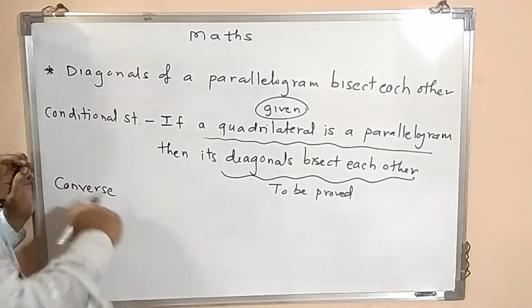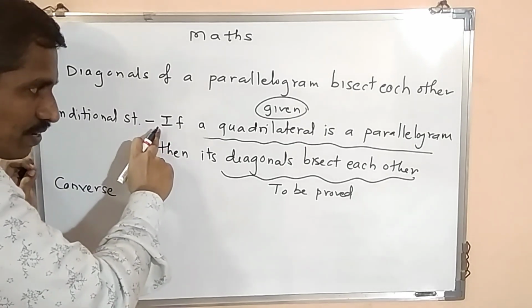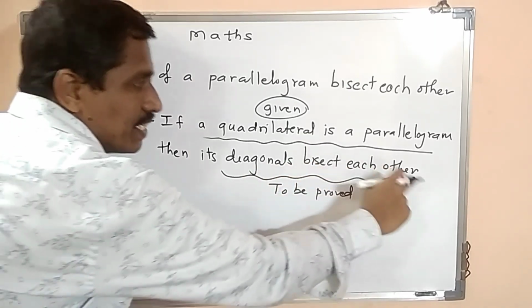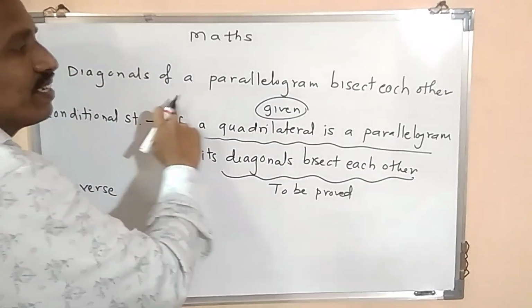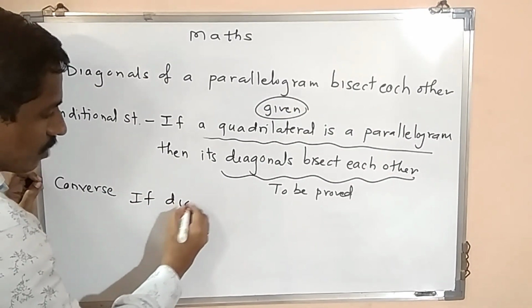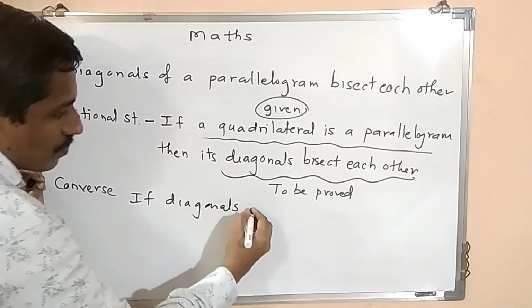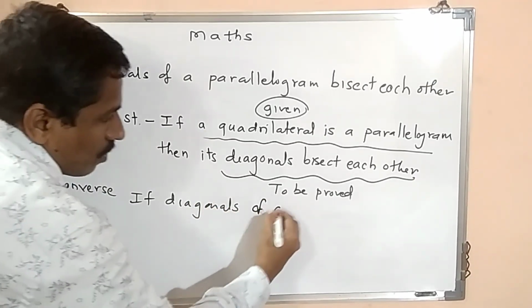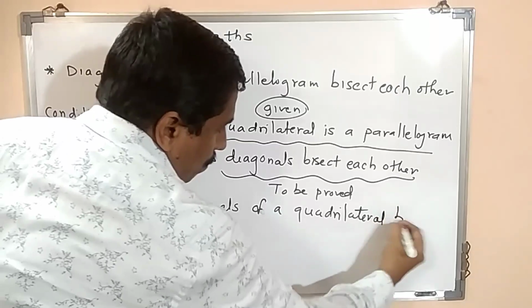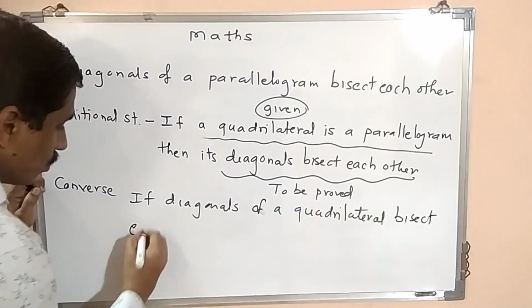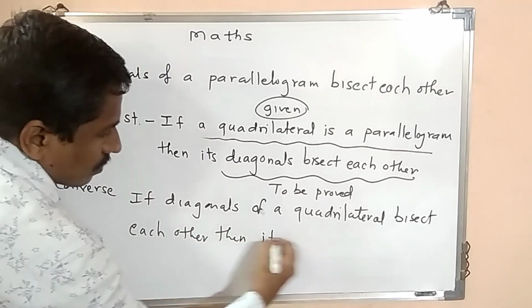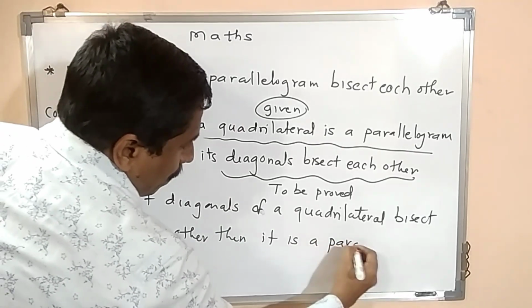If we interchange this, so if diagonals of a quadrilateral bisect each other, then it is a parallelogram.